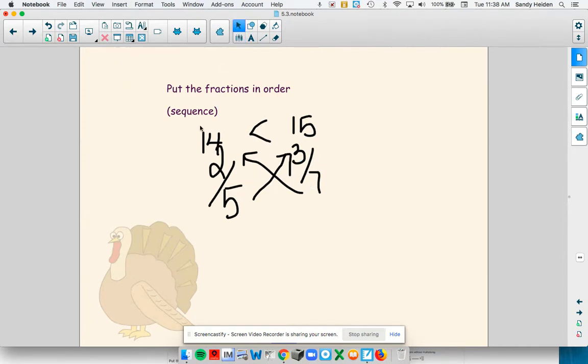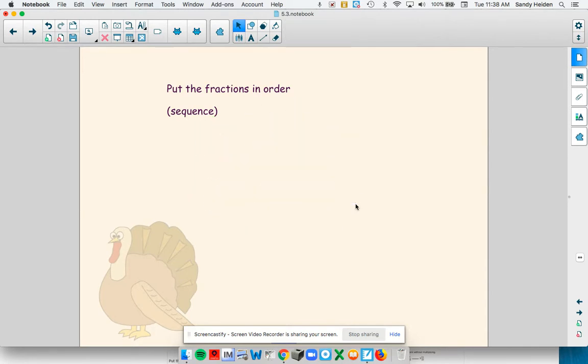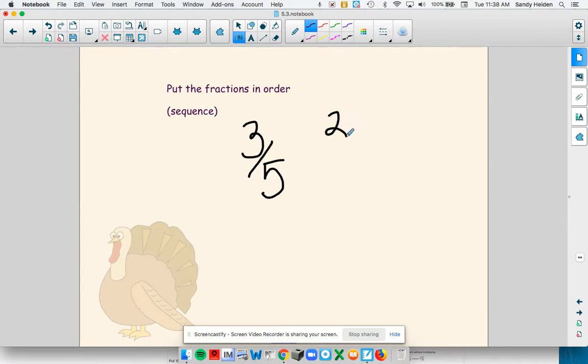Let's do another one of those. Let's do 3/5 and 2/3. Arrows making a cross pointing up, making a cross pointing up.